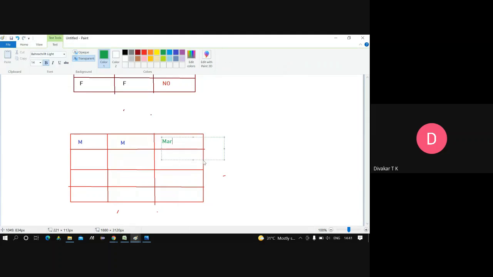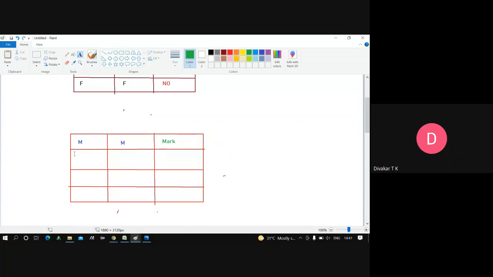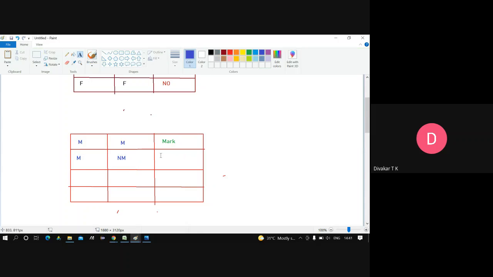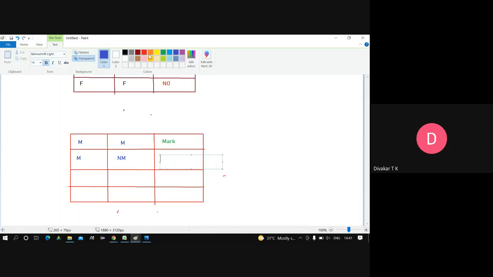Next, if it is marked and the other has no marking, then you are supposed to mark it. Anyone marked, you have to mark it.